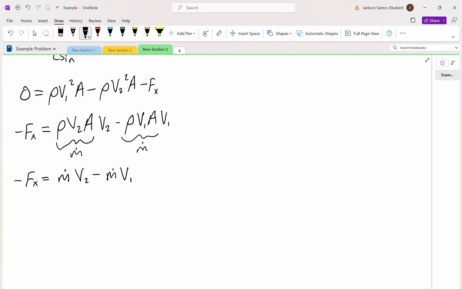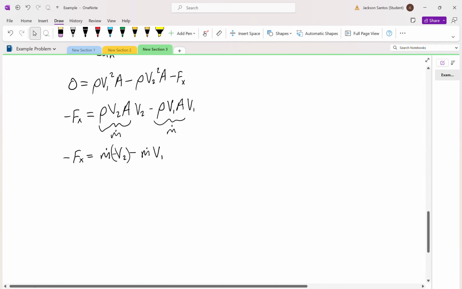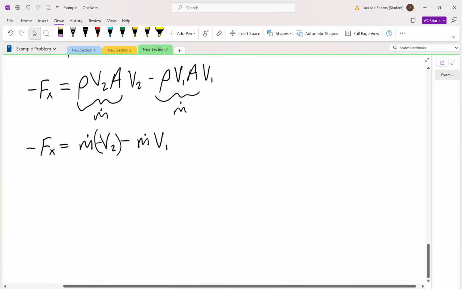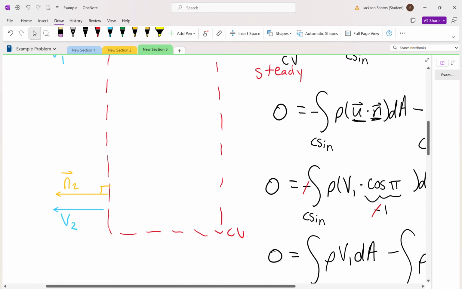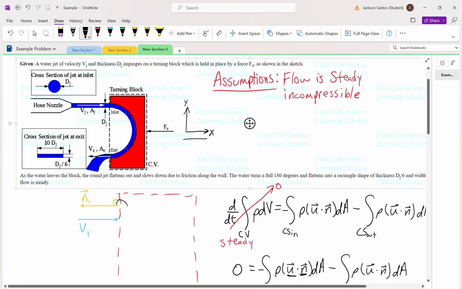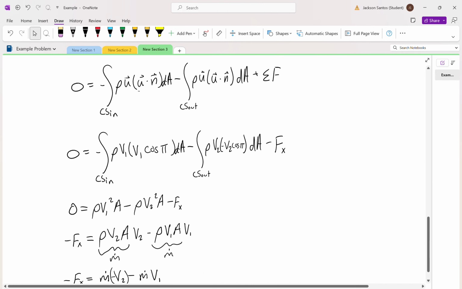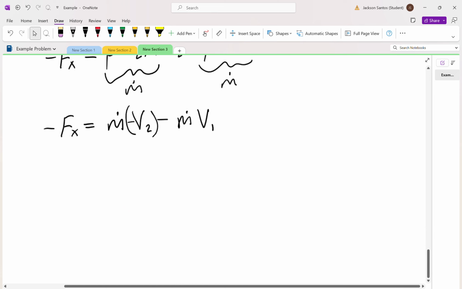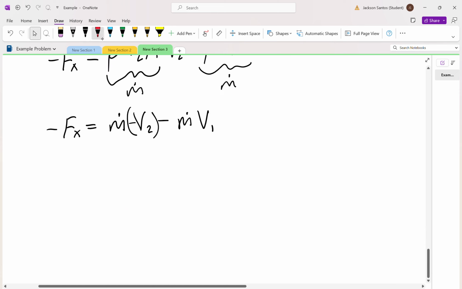And also this term right here, we need to remember that the velocity vector is actually negative in this case because it is going in the opposite direction of our velocity 1, or the opposite direction of our axes that we defined, which again was to the right here as positive. So as you can see, all these terms have a nice negative sign that we can eliminate.